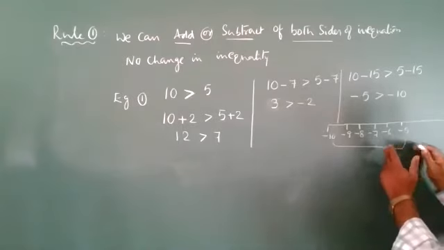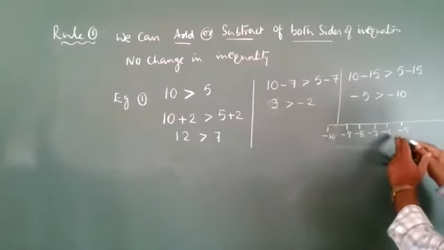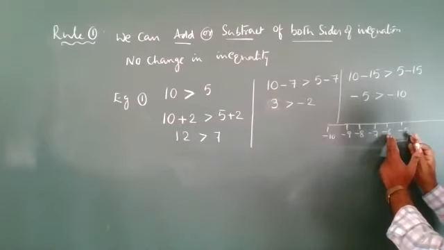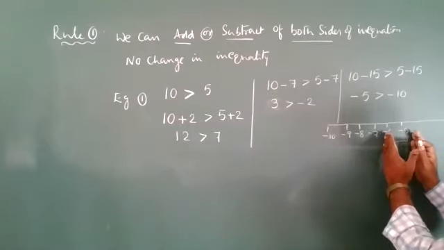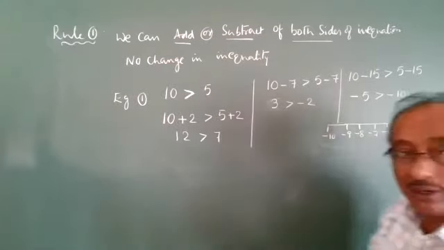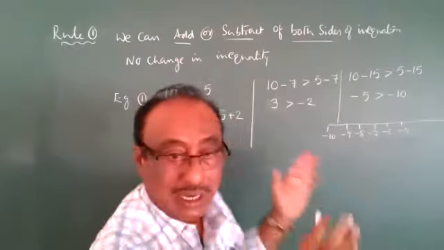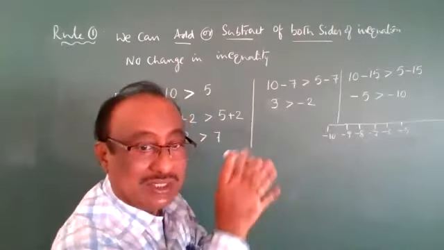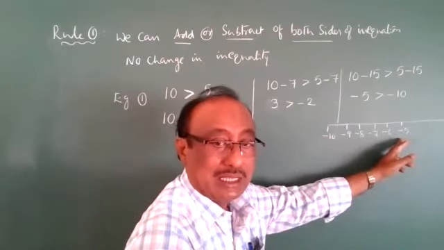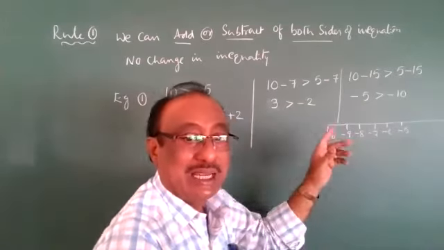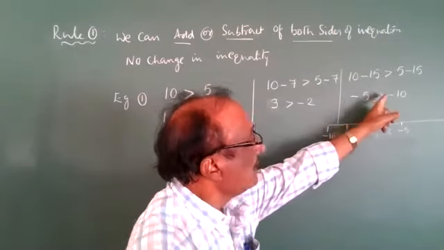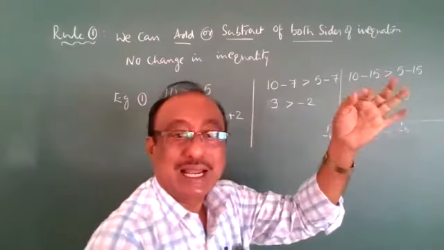Minus 6 is on the left and minus 5 is on the right, therefore minus 6 is less than minus 5. Minus 10 is less than minus 5, therefore minus 5 is greater than minus 10 is the correct one.